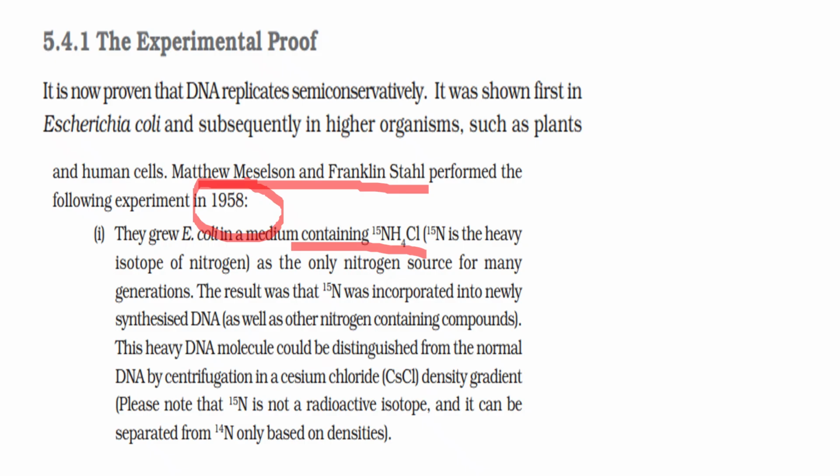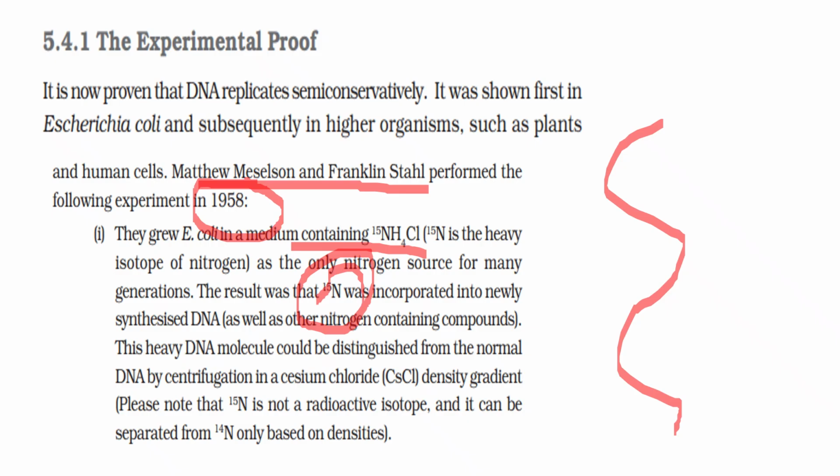They used it for growing E. coli for many generations. That means the DNA strands, as you know, contain nitrogenous bases, so the 15N was present in those nitrogenous bases. Therefore, 15N was incorporated into the DNA strands being synthesized, as well as other compounds which contained nitrogen.